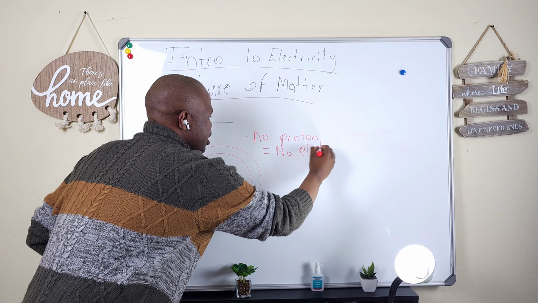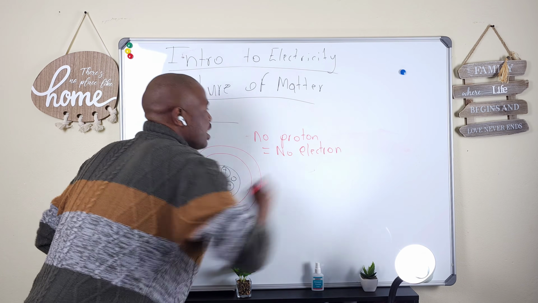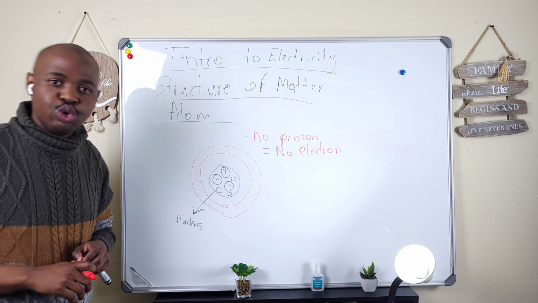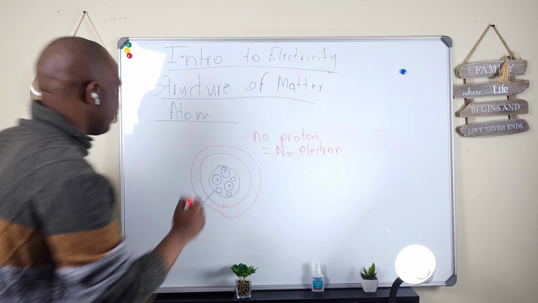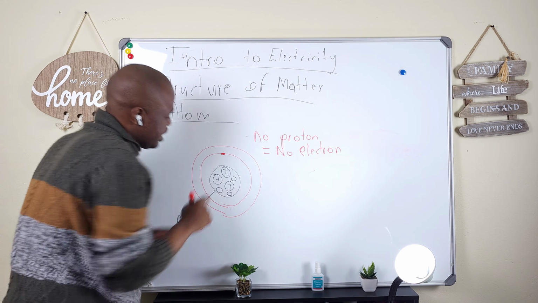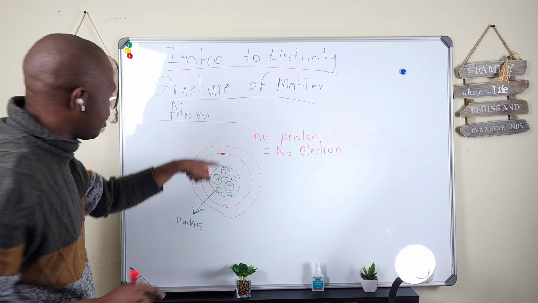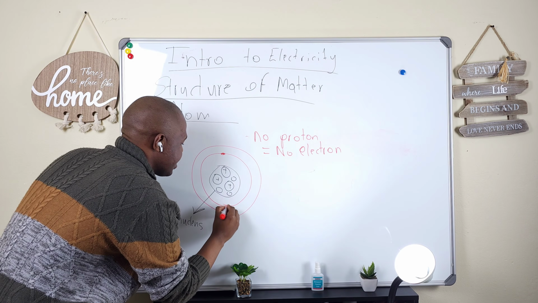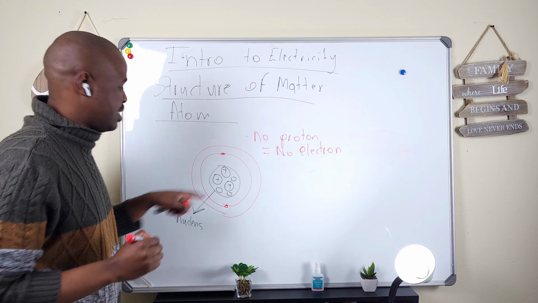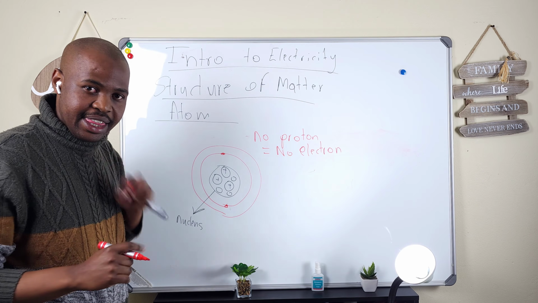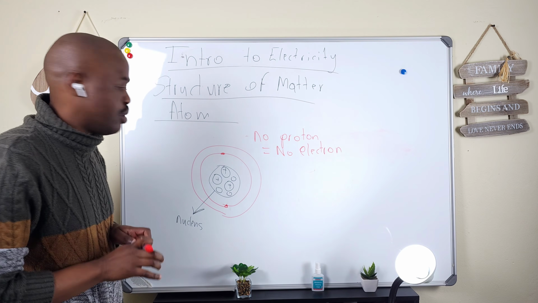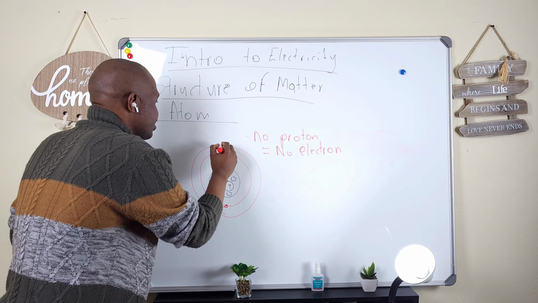That is for an atom in a neutral state. Here I have 3 protons, so I'll have 3 electrons orbiting the nucleus.